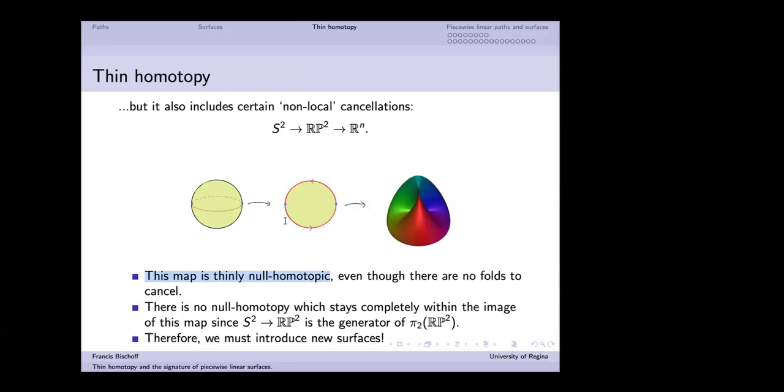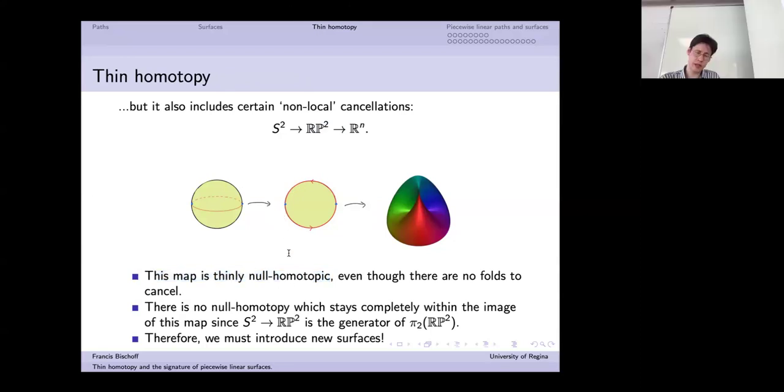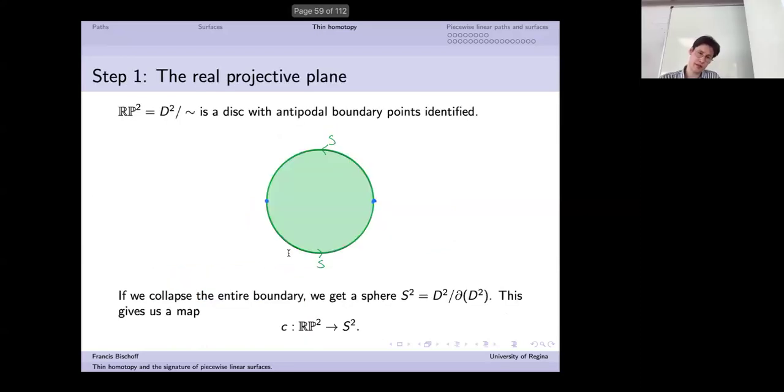Right. Thank you. Okay, so here's the construction of the thin homotopy. I'm going to do it in 3 steps. So the first step is I just want to think about the real projective plane as a disk with the antipodal boundary points identified.